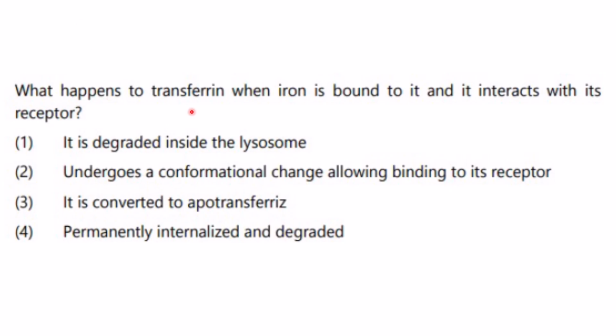What happened to transferrin when iron is bound to it and it interacts with its receptor? So we already saw the whole process. So is it degraded inside the lysosome?